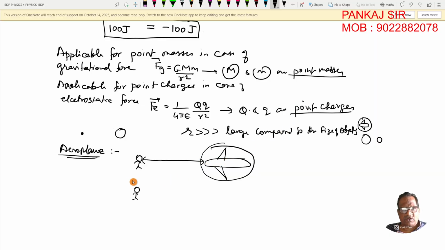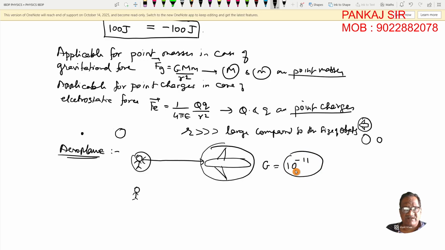So on the earth's surface, if there are two objects, like here you can see one person and an aeroplane, you will not find any visible gravitational force. There is actually a gravitational force acting between these two, because the law says that it has to be there. But this distance being very small compared to the sizes of the objects, and the G value being in the order of 10 raised to minus 11, the constant has a very small value.